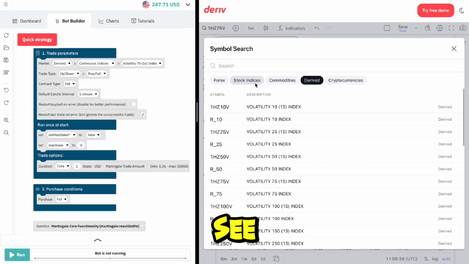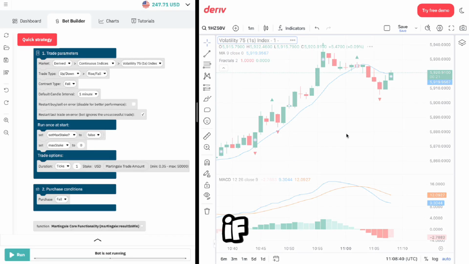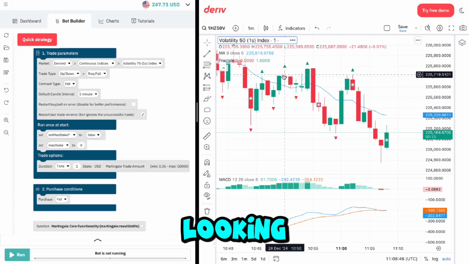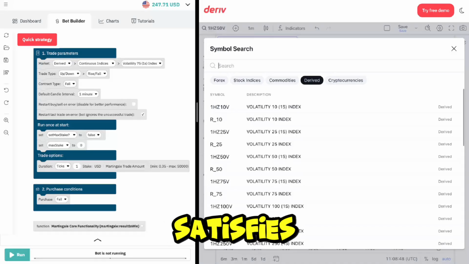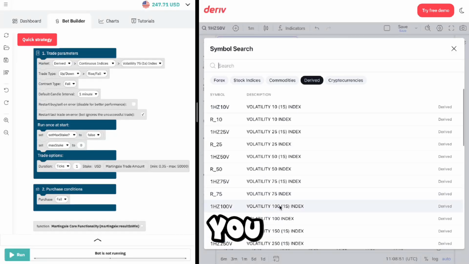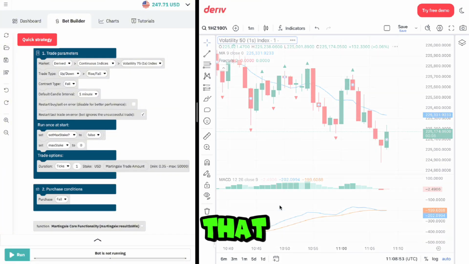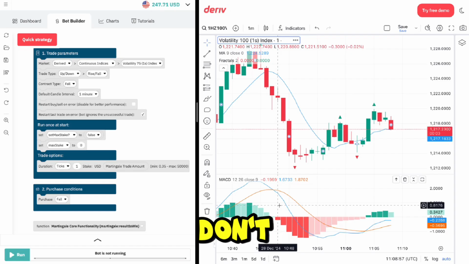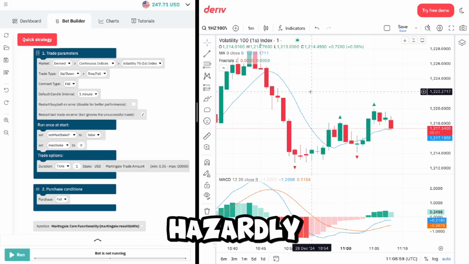So let me see what's happening with 50 on S. So you can keep doing that for the whole day, just looking at candles. If one satisfies the conditions that you want, you go for that. Don't be emotional about the market. Don't just trade haphazardly.